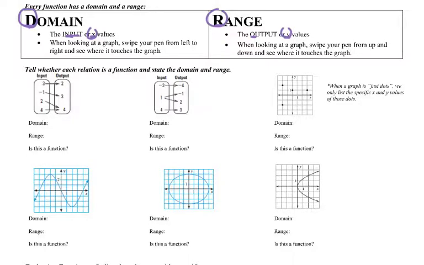So now we're going to look at graphs and mappings and tell the domain and the range. If it's given to us in a mapping, it's a little bit easy because the input is in the input bubble. Input is the domain: 3, -1, 2, 4. You can just list them out. You can put these funky little brackets, or you could just list them.